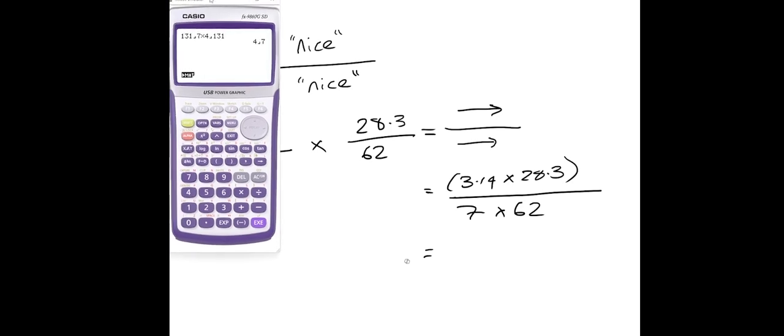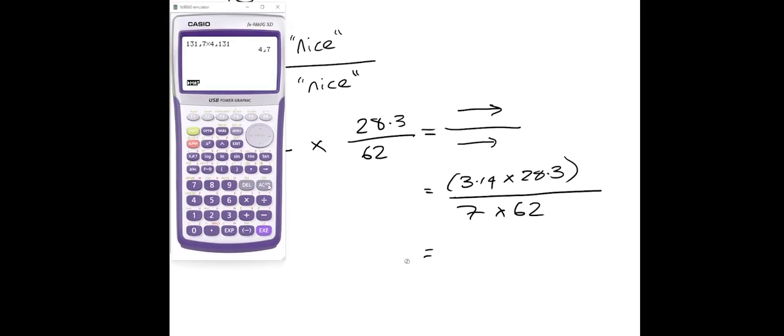Thankfully, here's one that we prepared earlier. So I'm going to put it in brackets in this case. 3.14 times 28.3 close brackets over 7 times 62, and it's not a nice number.